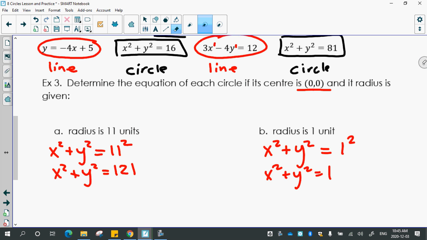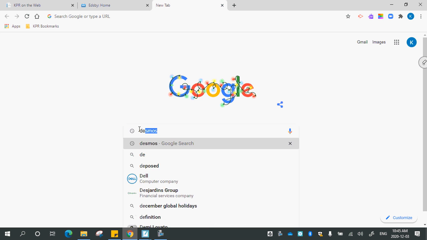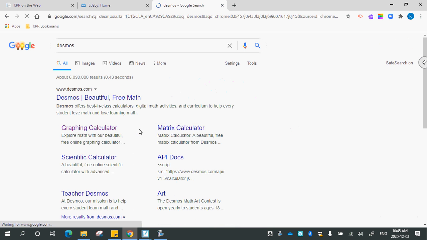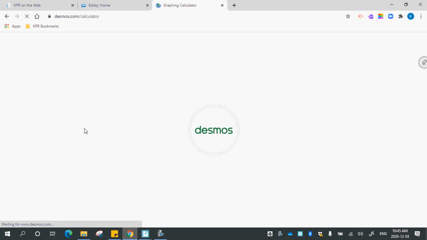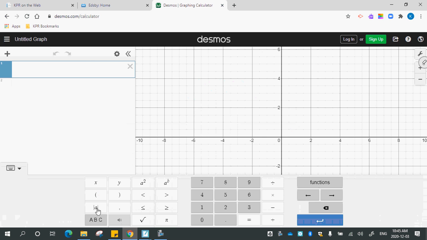I'm just going to plot this on Desmos so you can see that you can put circles in Desmos as well. So I can type in with the little keyboard here, x squared plus y squared equals 1.